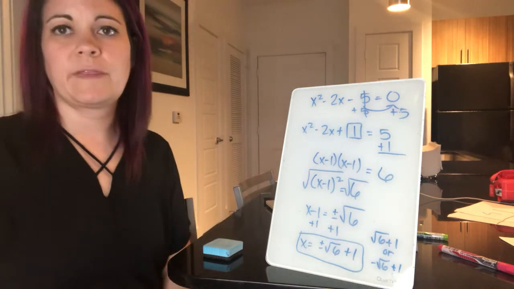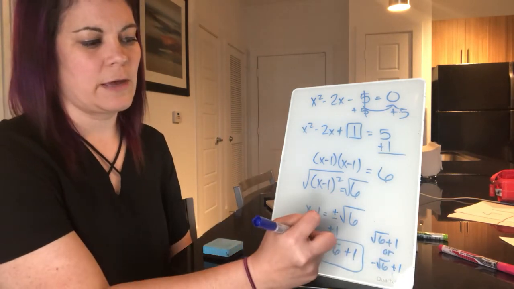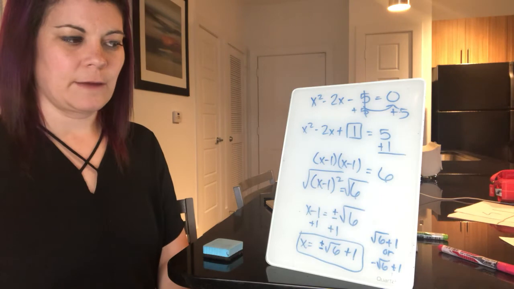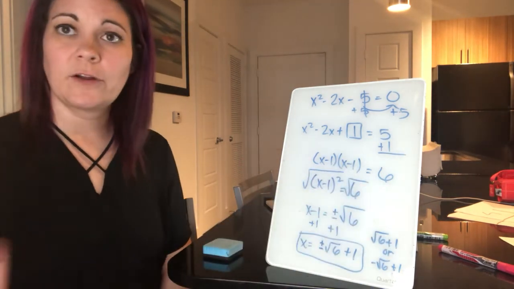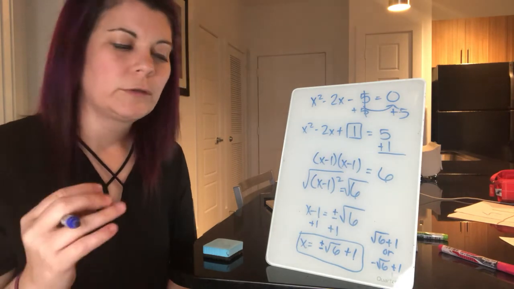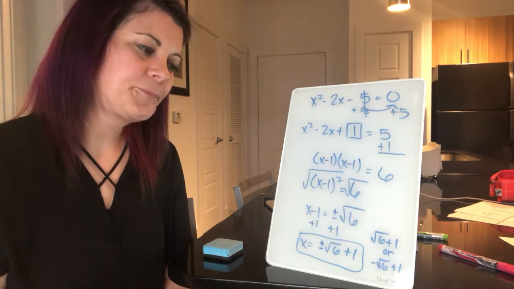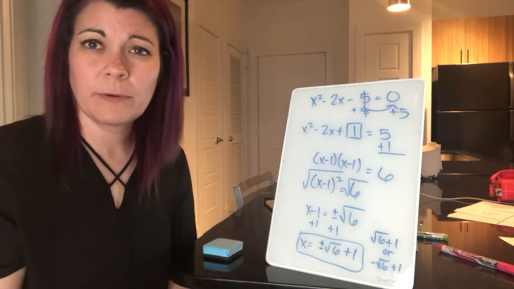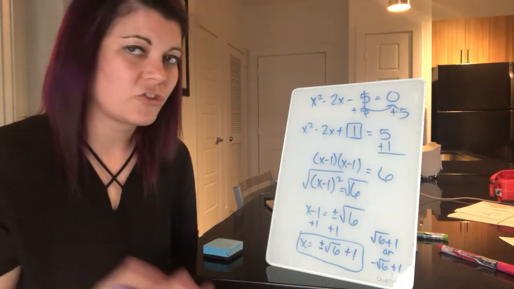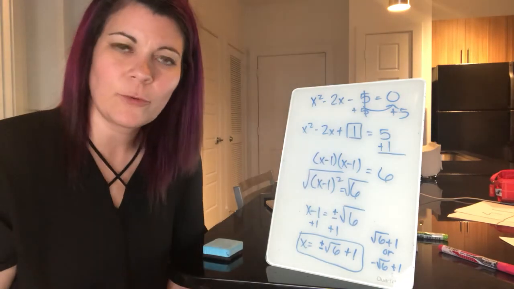But this satisfies it when you have the plus or minus there as well, because you want to continue to solve for x. You could put this in your calculator and find a decimal approximate, but a lot of teachers like you to leave it in square root form. They just want to know if you know how to complete the square.